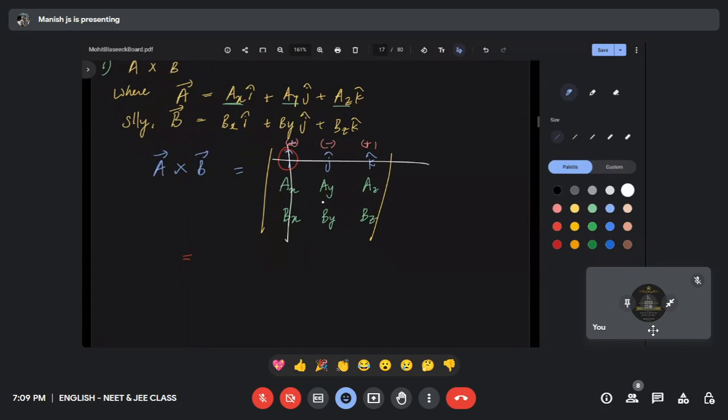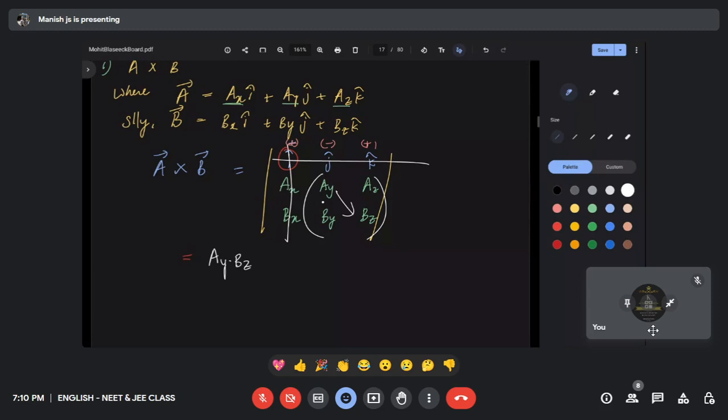I block it, and you can see inside you have a 2 cross 2 matrix which is left. So you do a cross multiplication, which can be written as: first you cross multiply downwards, which is AY times BZ. Don't forget to write the corresponding terms also in order. That's also quite necessary.